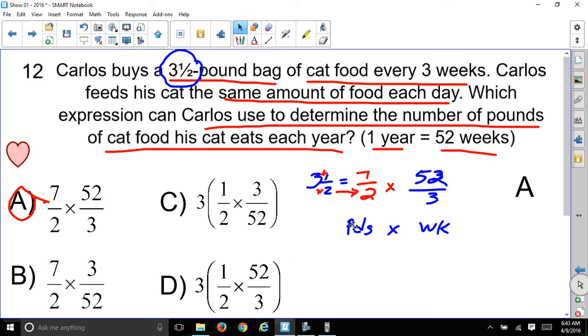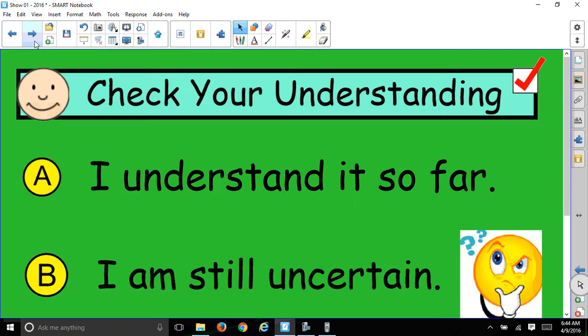So the number of pounds times the number of weeks is what we ended up with. So this is a very good question to deal with. Very tricky. So try to reason it out. Watch what I did and check yourself and see if you got it correct. So if you understand, great, but if you're not sure, rewatch the video, bring your questions in, and we'll talk some more in the morning.